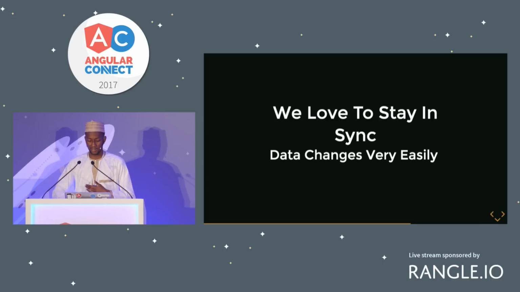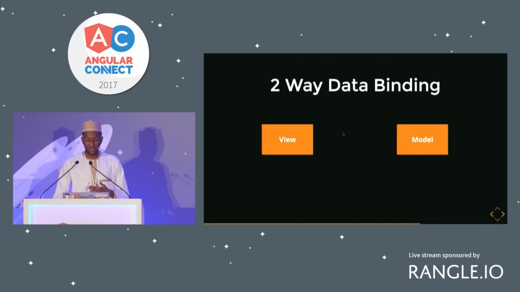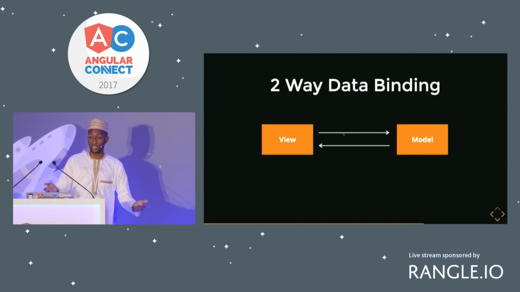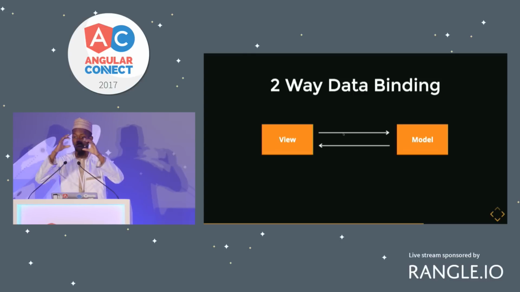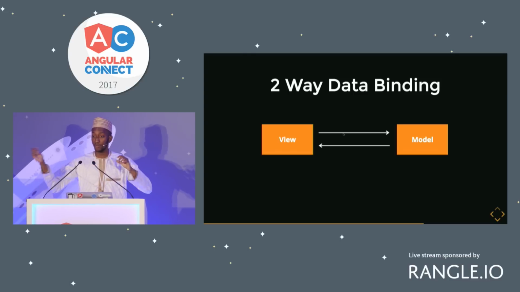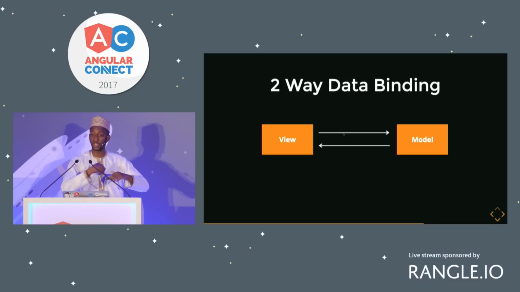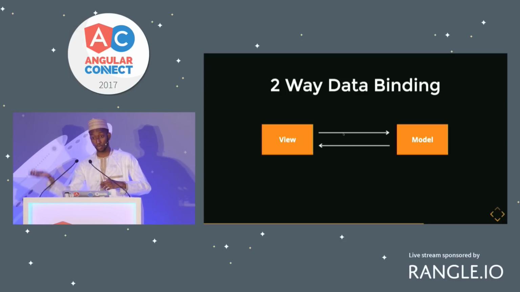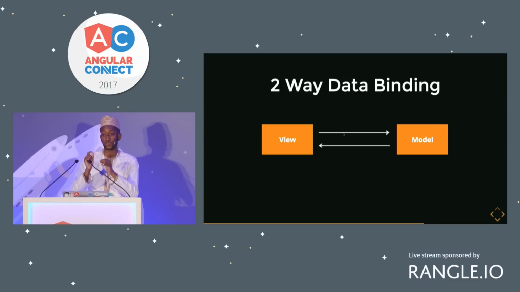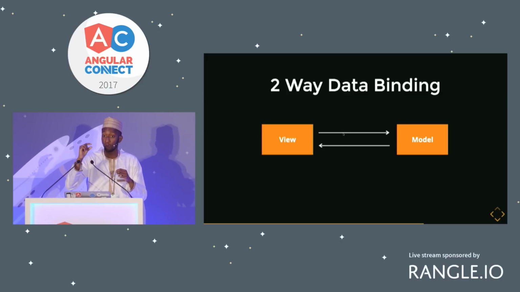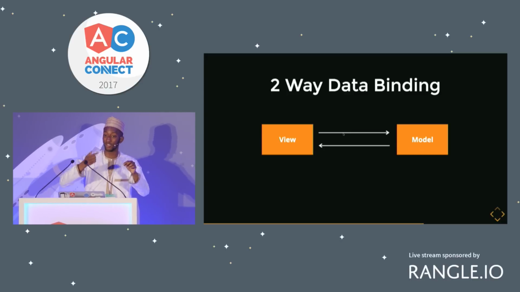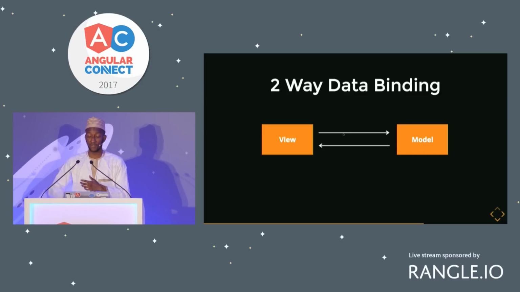So we're very familiar with 2-way data binding, which is what Angular brought for us, which is basically gluing the view and the model together, making sure that if you make a change from the view, the model will change. So if the data that holds, for example, on Facebook, the number of likes, if I change likes, I don't need to refresh. It just automatically changes that value.